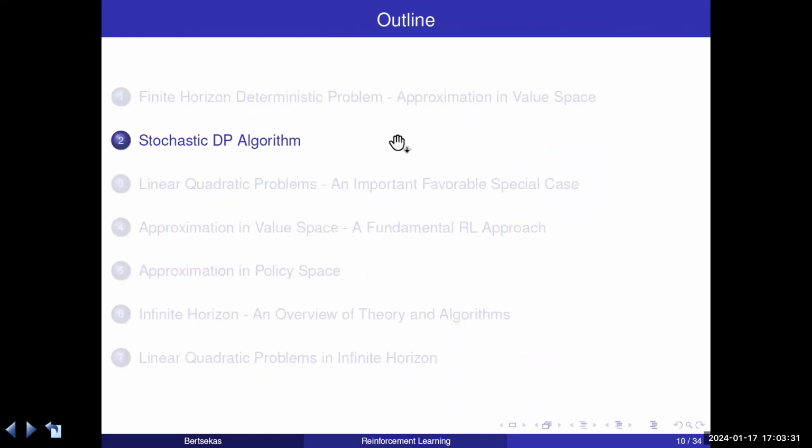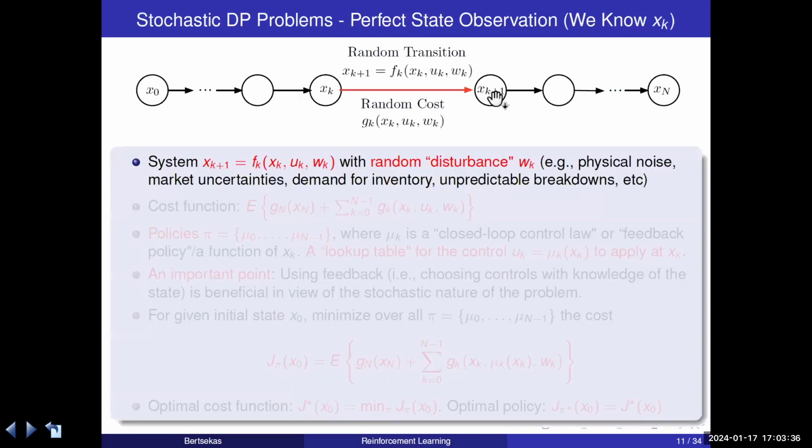So let's go into stochastic dynamic programming. We generalize our problem to introduce stochastic uncertainty. Again, we have a system that generates states over n stages from x0 to xn. The transition from a state xk to the next state xk plus 1 is governed by an equation that depends on control, but also depends on a random disturbance, wk, some uncertain parameter, which may vary depending on the context.